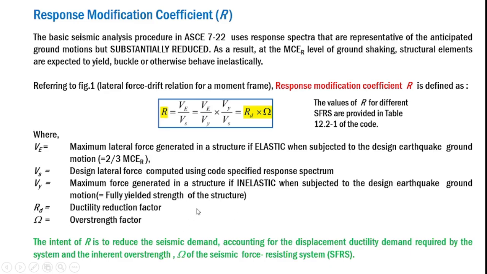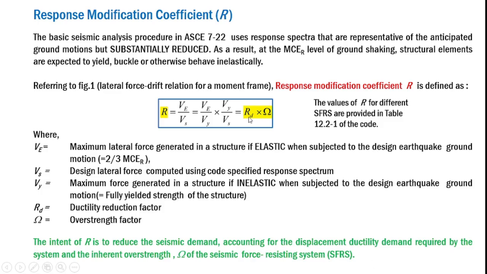And thus, to conclude this page on R, we can say that the intent of R is to reduce the seismic demand. How did we reduce the seismic demand? We have accounted for the displacement ductility demand required by the system and also the inherent overstrength omega of the SFRS.